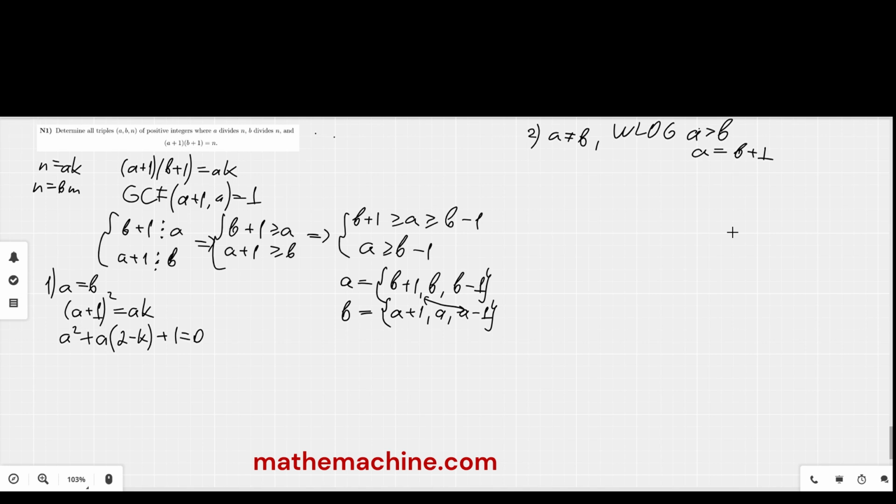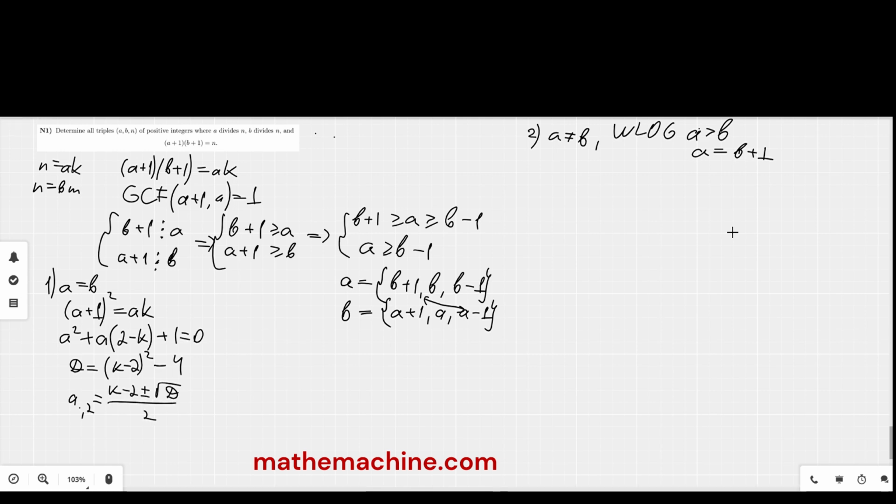The discriminant of this quadratic equation is (2 minus K) squared minus 4. I'll just rewrite it as (K minus 2) squared minus 4, because we square it anyway. And A1,2 is minus b, so it is (K minus 2) plus or minus the square root of the discriminant, over 2.